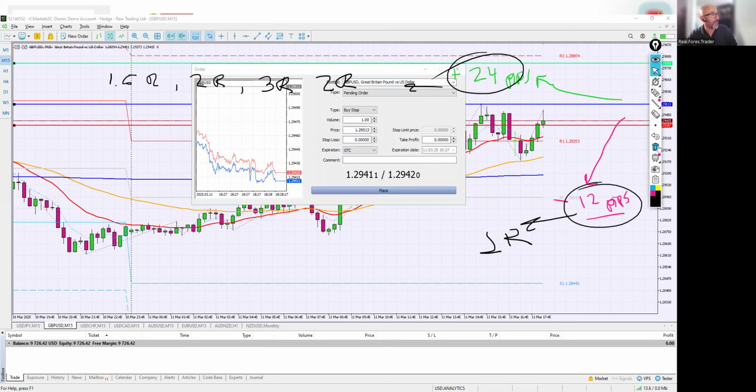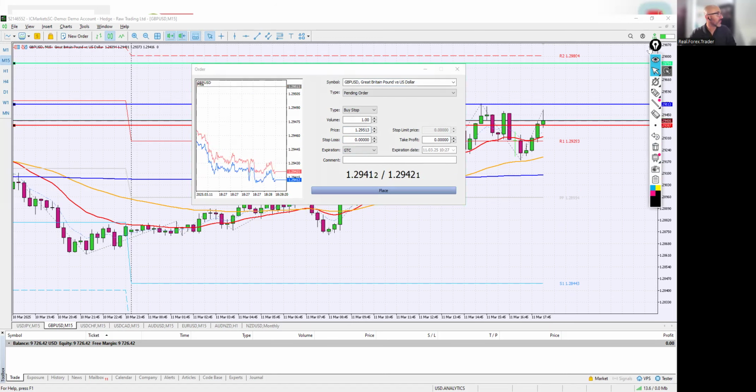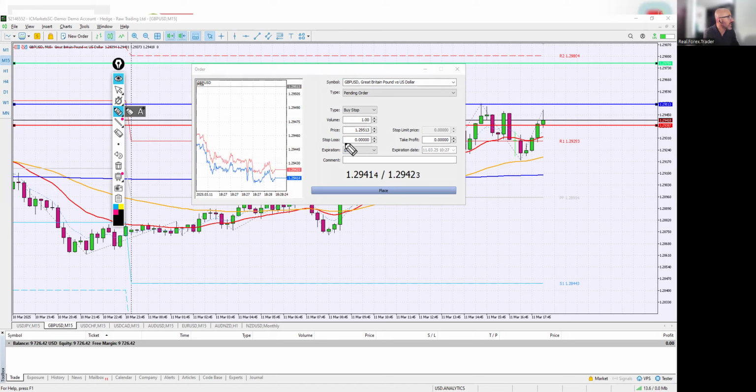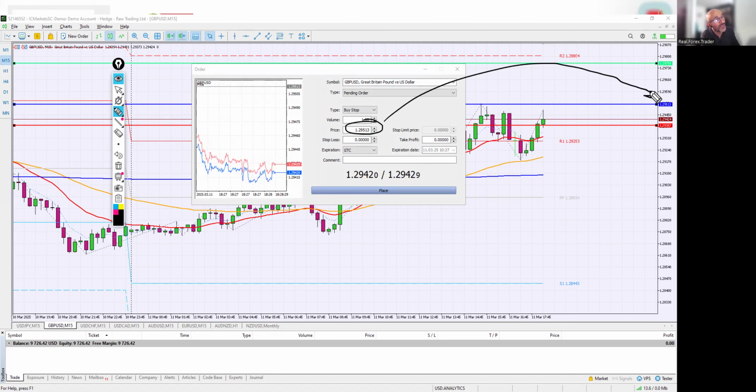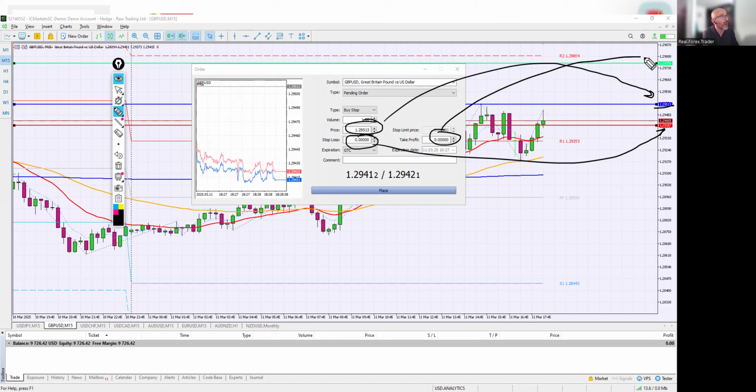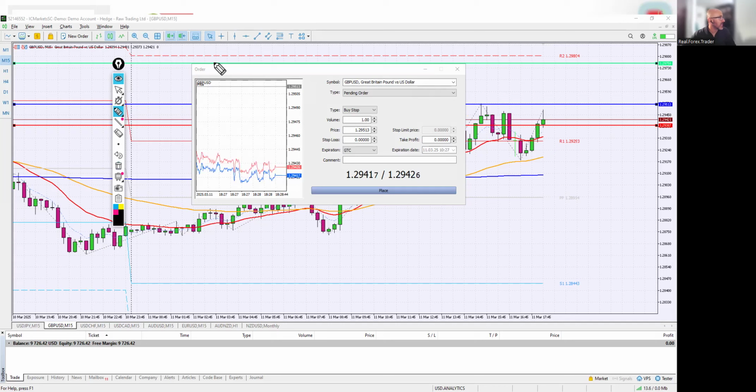My stop loss. Look at this. Those numbers that I'm using come from here. Look at this. This number is my entry number here. So my stop loss is going to be this number here, and my take profit will be this number here. All right. So that's what I'm doing. I am crossing that information into this window.